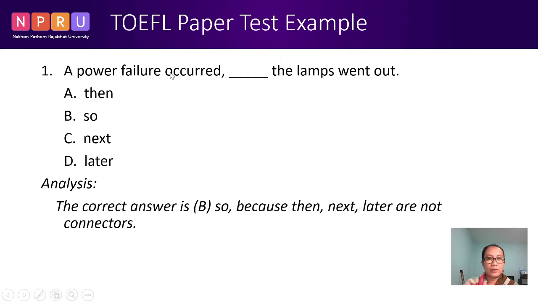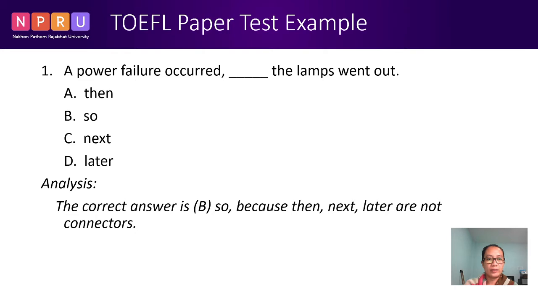A power failure occurred, comma, blank, the lamps went out. A, then. B, so. C, next. D, later. So again, a power failure occurred, comma, blank, the lamps went out. A, then. B, so. C, next. D, later.